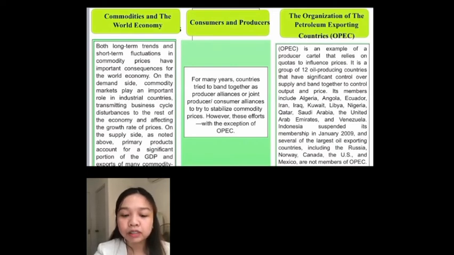Early attempts to deal with commodity price volatility relied on stabilization schemes set up in the context of international commodity agreements. These arrangements were largely unsuccessful.